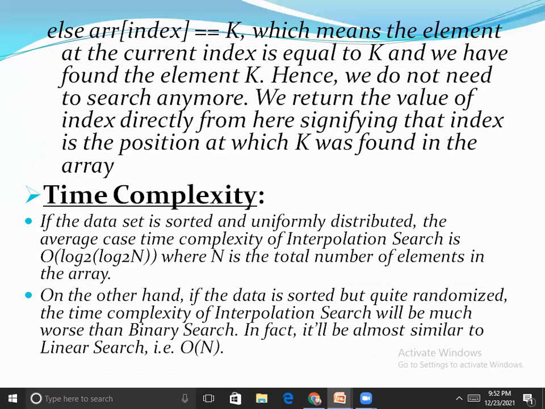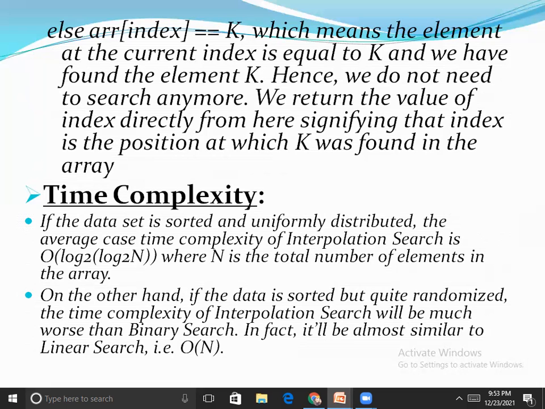Now we are going to look at the time complexity of interpolation search. If the data set is sorted and uniformly distributed, the average case time complexity of interpolation search is big O of log log n, where n is the total number of elements in the array.